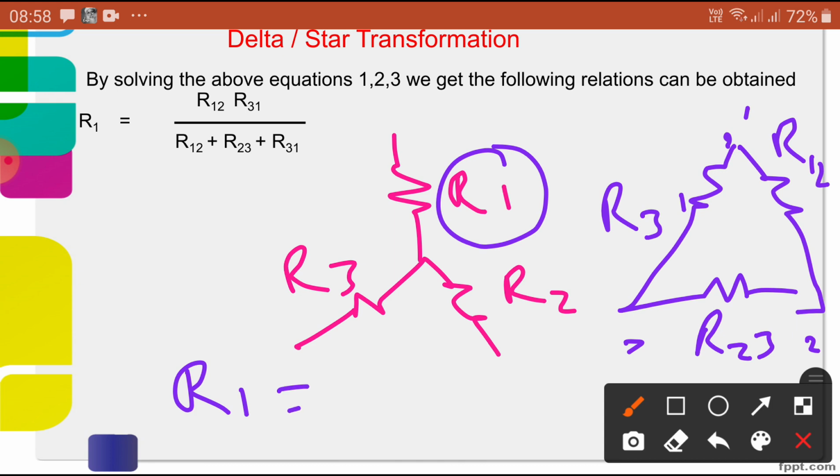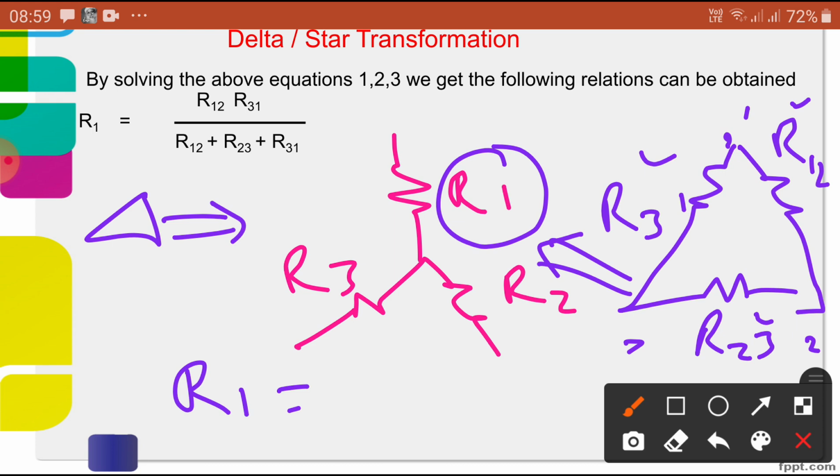If the delta values are given, R12 is given, R23 is given, R31 is given, then I want to convert delta to star. The delta equivalent resistance is given, and I want to convert it into star across the nodes 1, 2, 3.